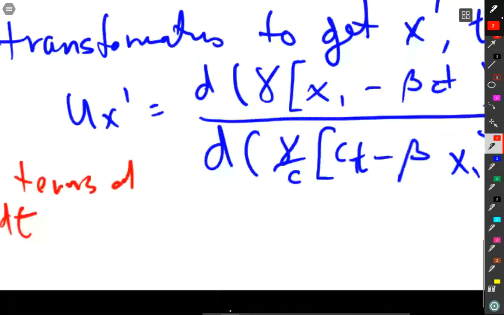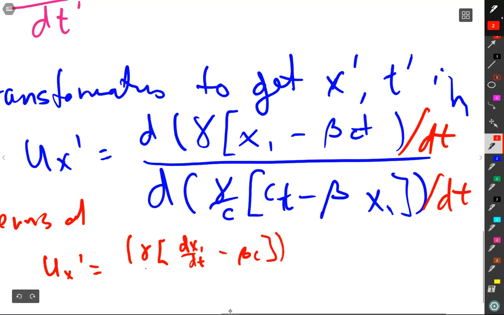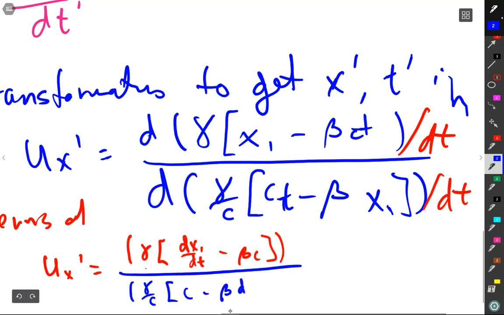So doing those substitutions, and now we zoom so I can write it. Notice the gammas now are going to cancel.